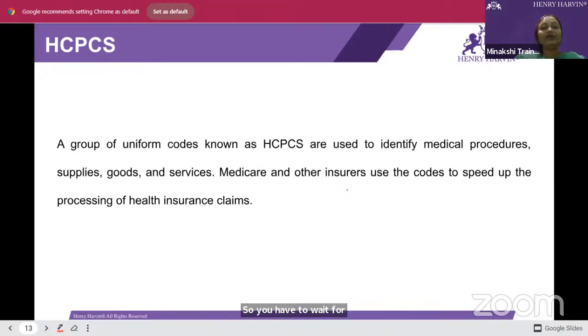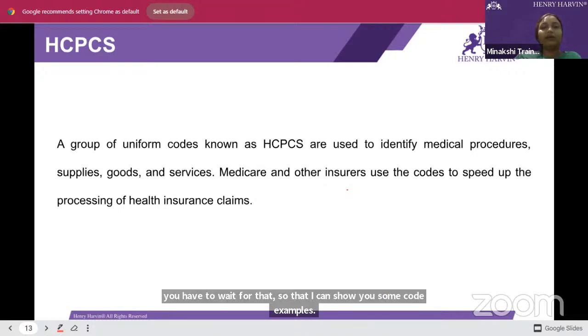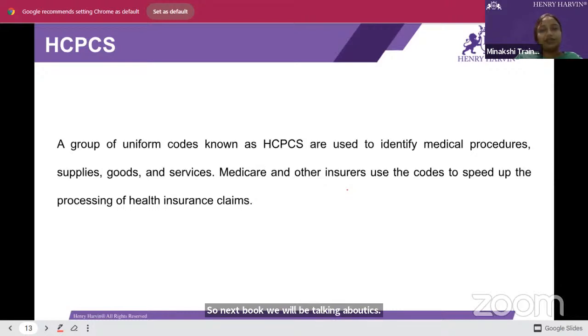So the next book we will be talking about is HCPCS. HCPCS stands for Healthcare Common Procedure Coding System. So what kind of codes will be available here? Some procedure codes which are not available in CPT. Apart from that, some supplies, goods, and services codes will be available in this HCPCS book. This HCPCS book is mainly known for equipment coding.